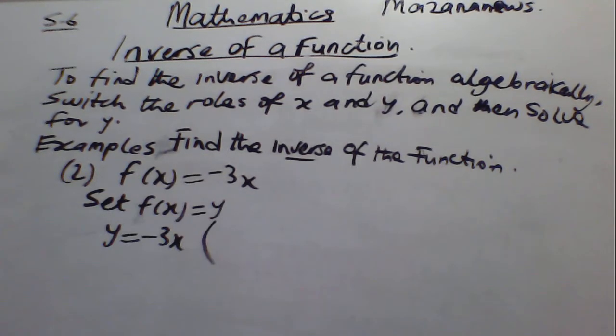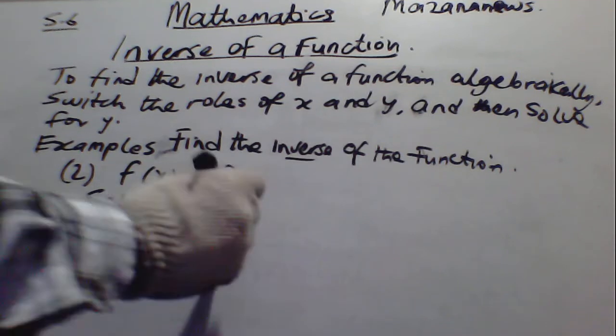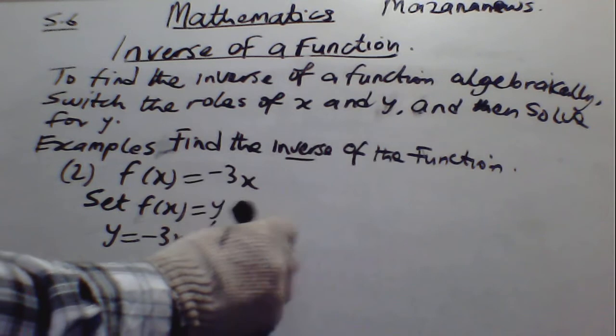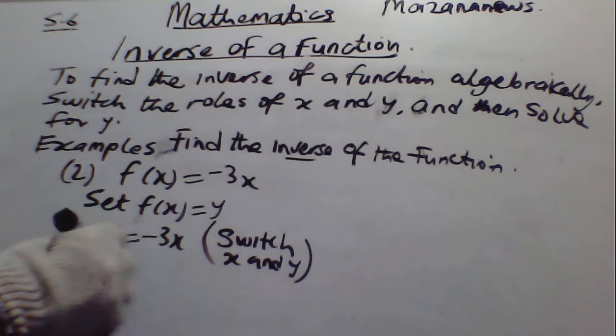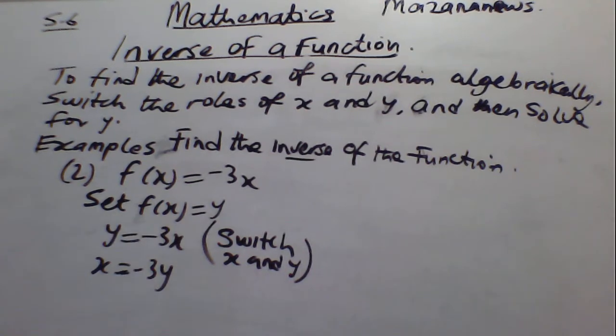Then switch x and y, which means change their positions. This y will be x, and minus 3x will be y.